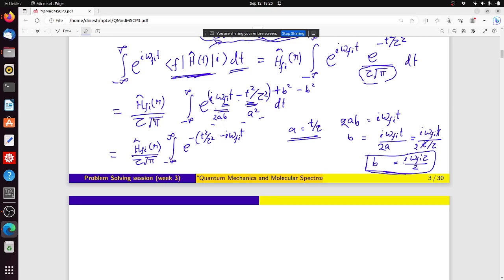So I have to add one b square and subtract b square. So b square will be minus omega phi tau over 2. This is the square, 4.